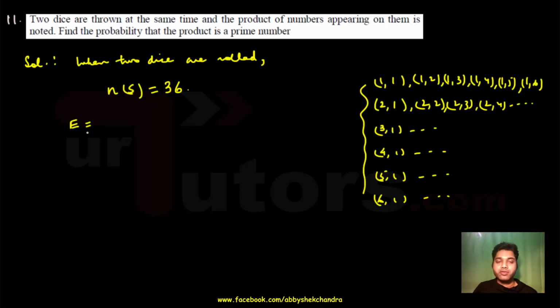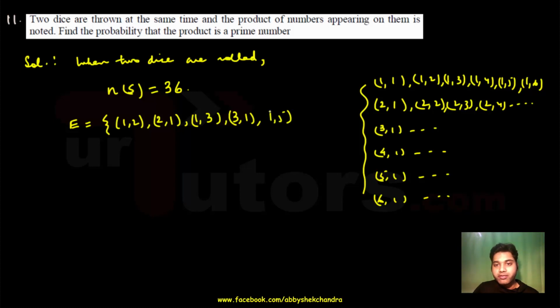That forms the sample space, so NS is 36. Let's find the event first. Event of getting the product of numbers as a prime number. This is one option, 1 2, because 2 is a prime number. So if 1 2 is an option, 2 1 will also be a part of the event. Then again 1 3, because 3 is another prime number, so 3 1.